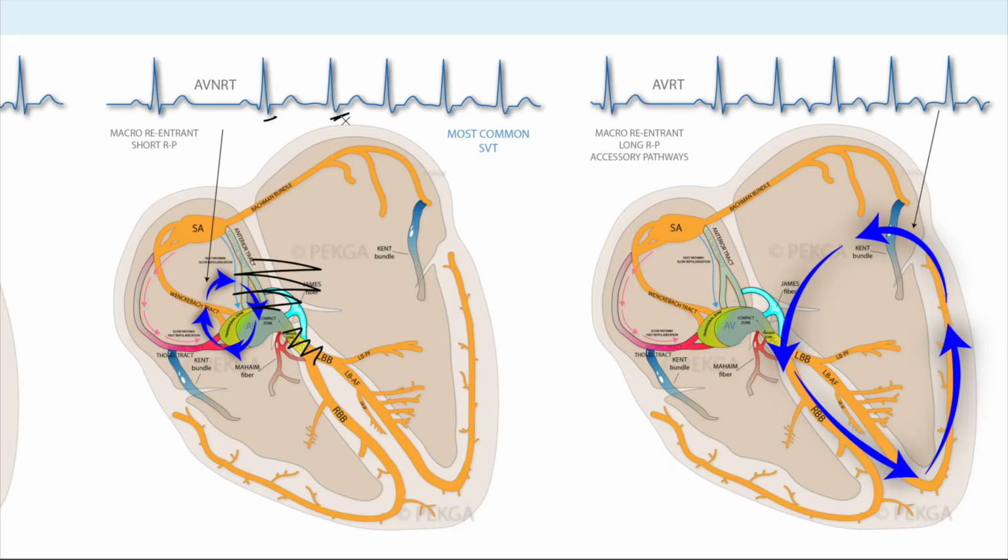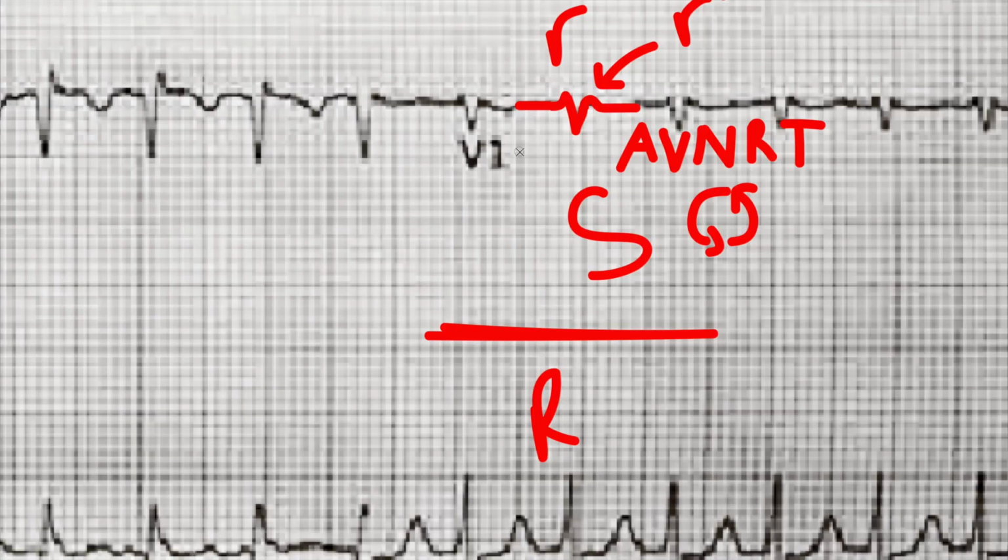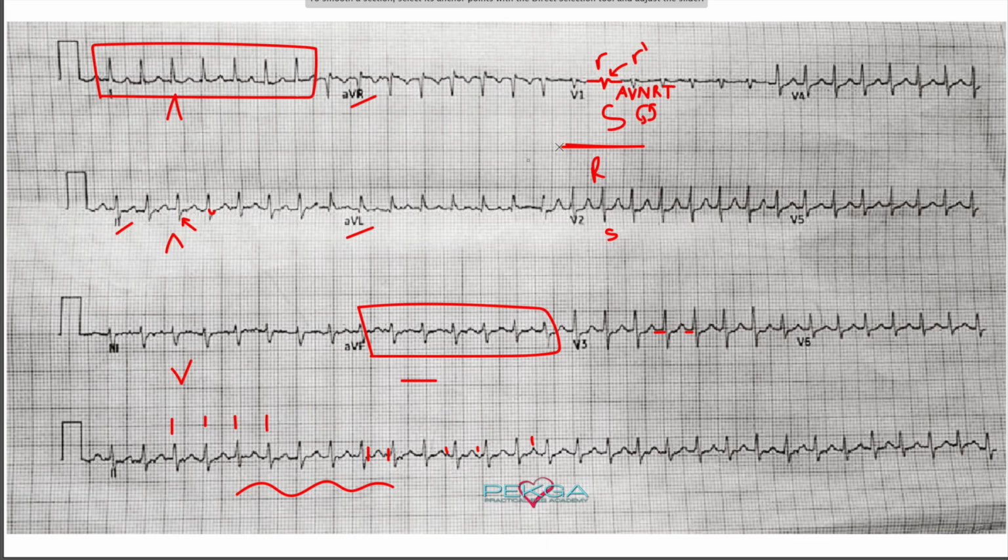So what happens is you have a very large QRS, or your typical QRS, but then you're also going to have some sort of an atrial signature, and that comes in the form of that R prime or the pseudo S wave in lead 2. So R prime, you're looking for that in lead V1. Pseudo S wave, you're looking for that in lead 2. And that's what I was doing over here. So my main suspect, my main culprit here is AVNRT. So I'm assuming this is a nodal reentry tachycardia.